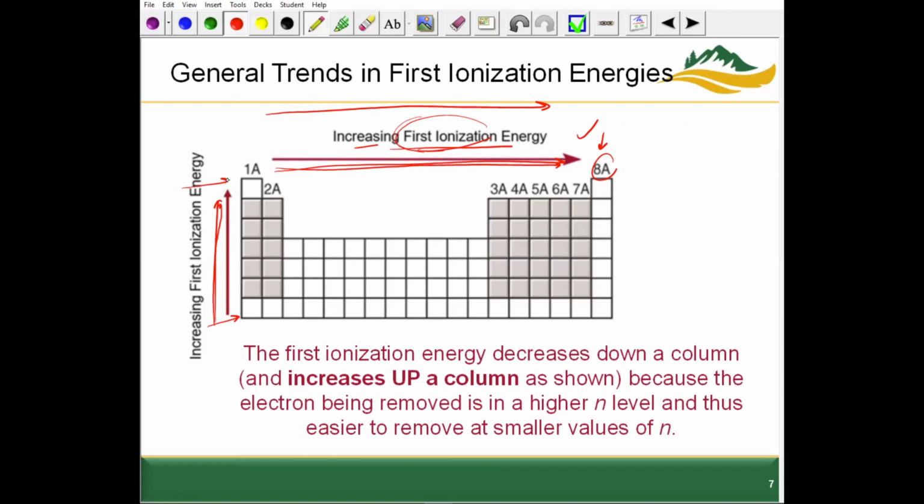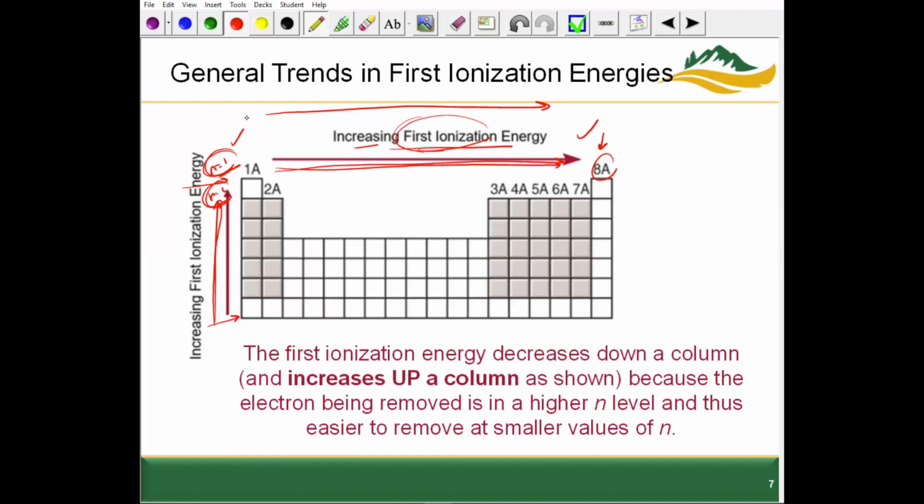Why is that? So this is n equal 1, n equal 2. The smaller the value for n, the closer those electrons are towards the nucleus. The closer these electrons are towards the nucleus for n equal 1, n equal 2, the harder it's going to be to remove an electron. So the closer an electron is to the nucleus, the harder it is to remove.